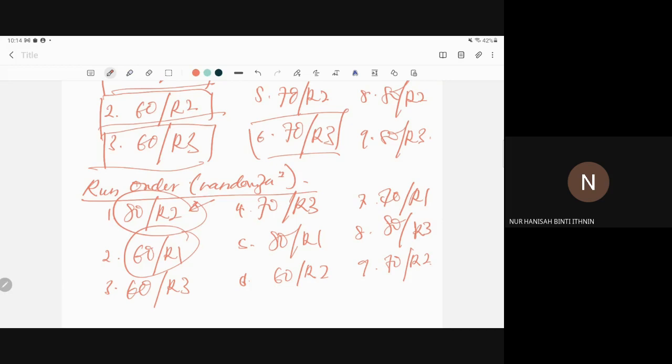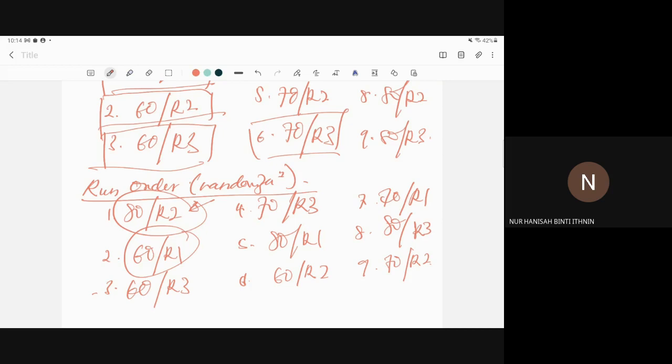Then for the second one, you take 1 sample of banana from the first batch and blanch it at 60 degrees C. And for the third run order, third sample, you take 1 sample from the third batch, and then you blanch it at 60 degrees C.